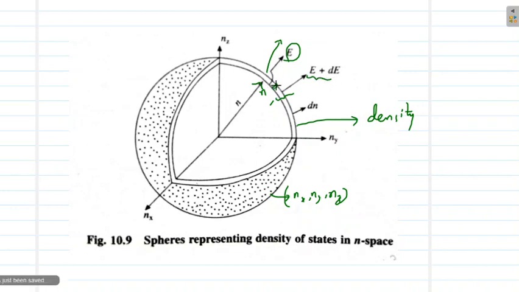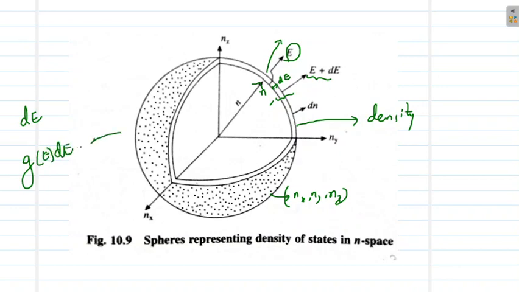The points falling in that small interval have the small energy range dE, and the number of states in that range is g of E dE.